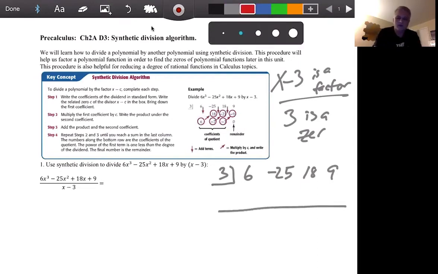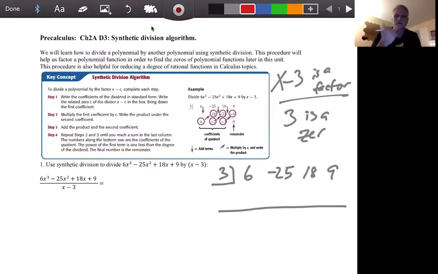Okay, now here is the algorithm step by step. So after we have written the coefficients of the dividend in standard form, that just means that we have x cubed first, and x squared plus that, and then x, and then the constant.